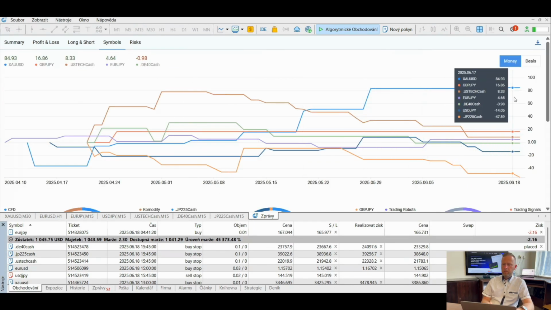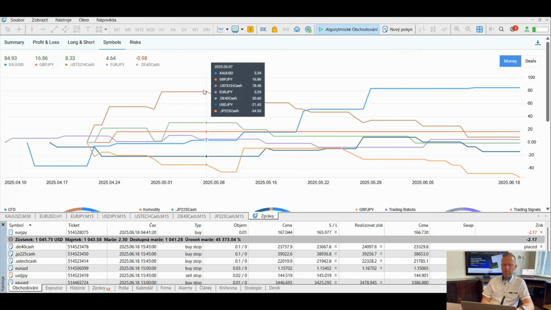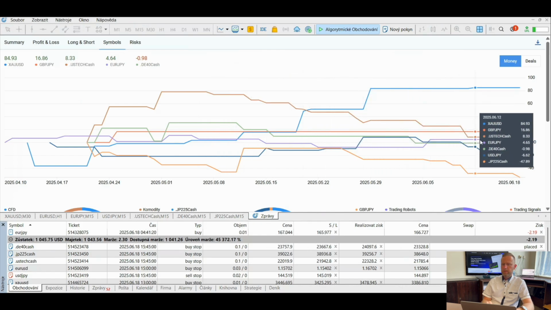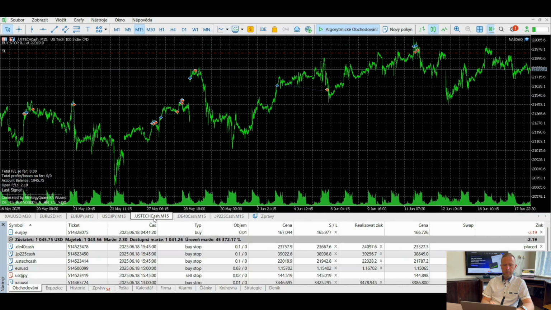When I look at the reason why, for example, the Nasdaq index has lost a lot in the last month, I can see that reason clearly in the graph. Because here I have the beginning of the month.